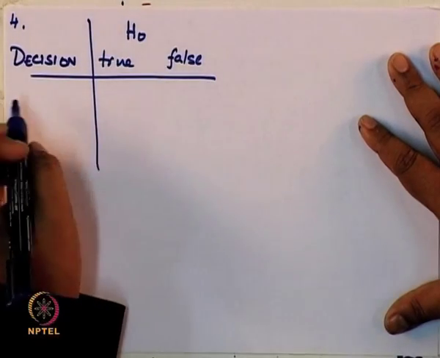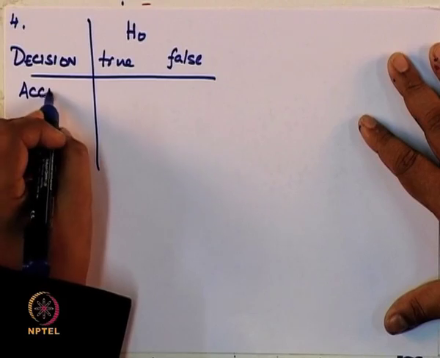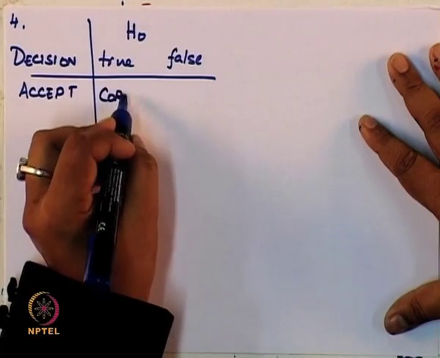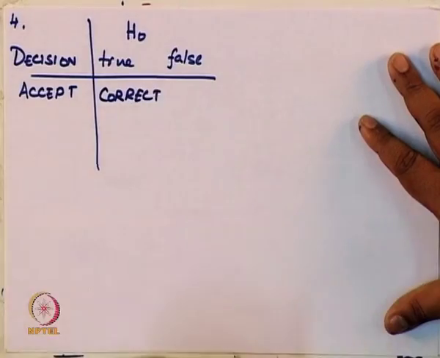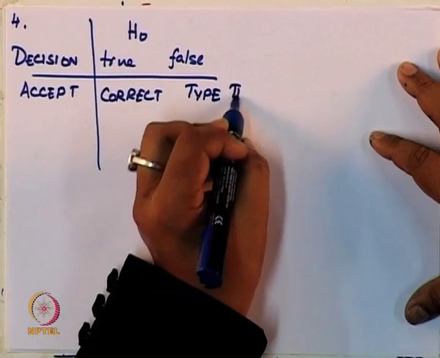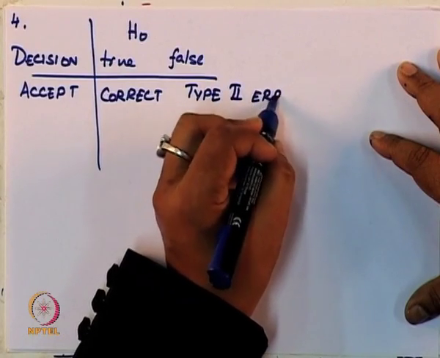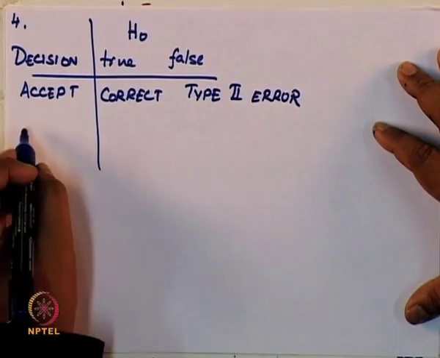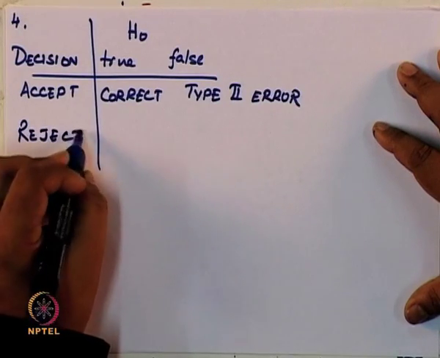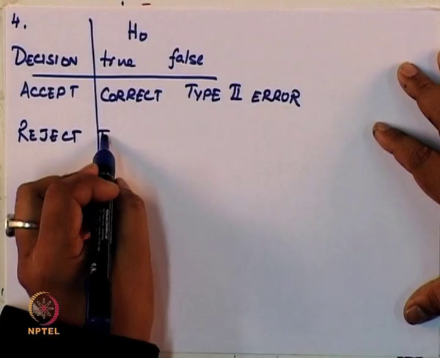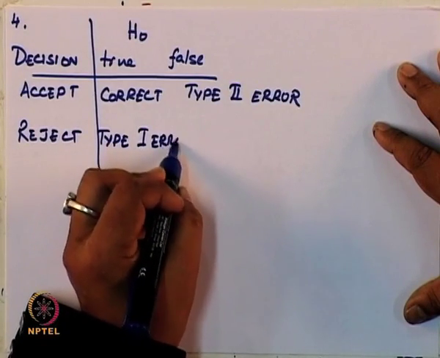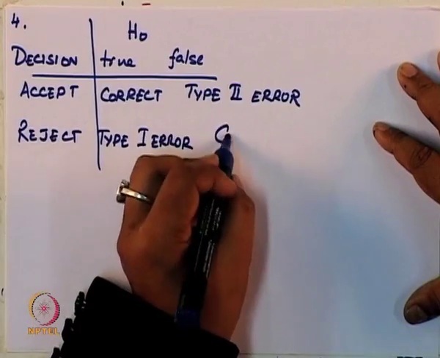If you accept that H naught is true, this is correct, but this is called a type 2 error. If your final decision is reject, this is your type 1 error, and this is correct.